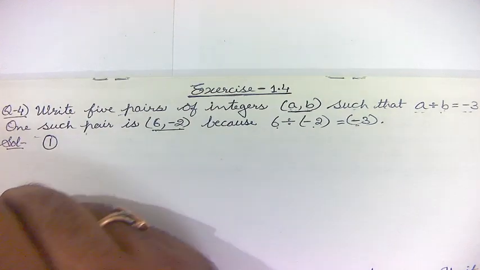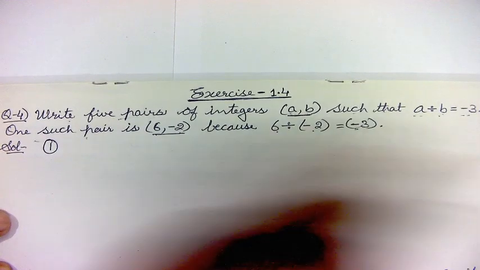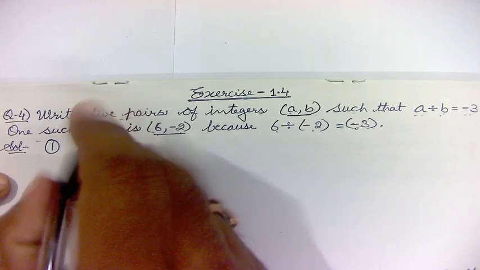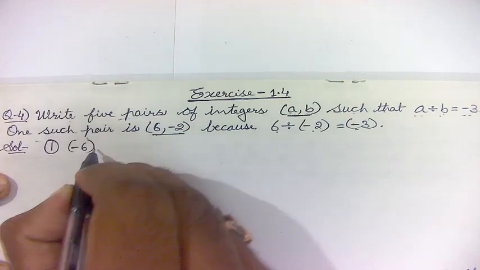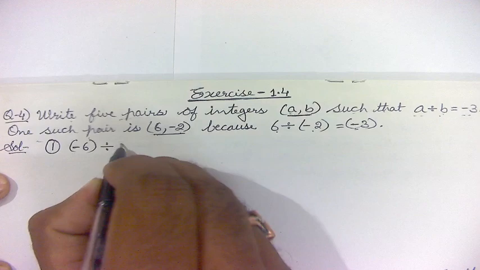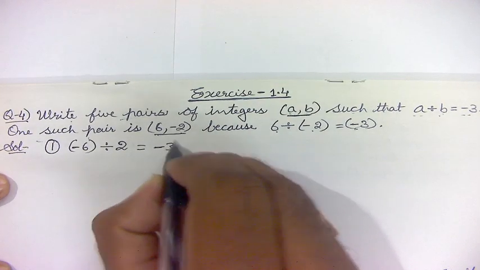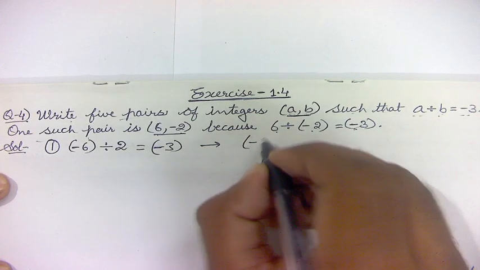So you can take any number of pairs in this way. One pair is already given. Now if you take it from here itself, it can be easily taken as minus 6 divided by 2. Now if you divide minus 6 by 2, then also you get minus 3. So what is the pair?